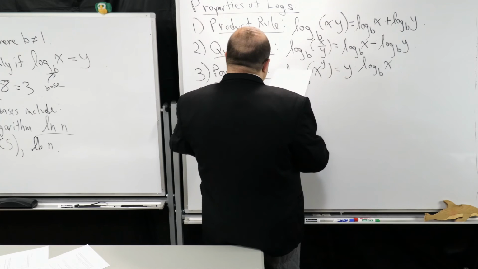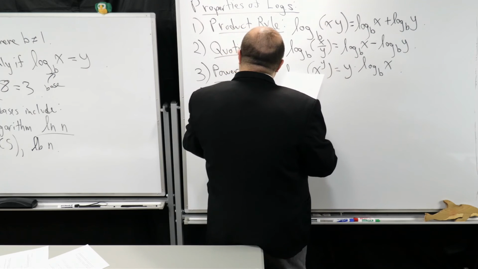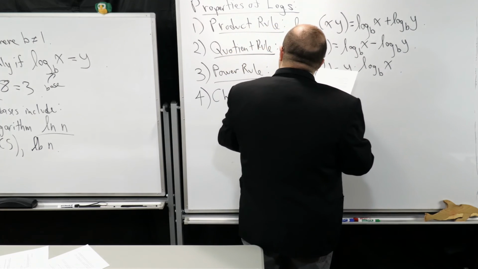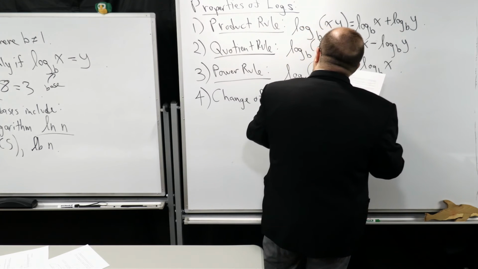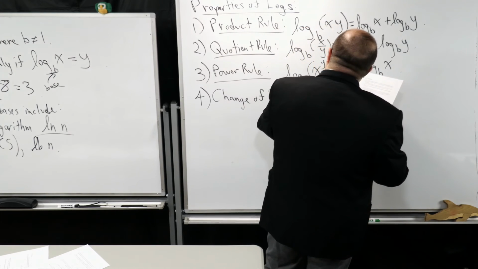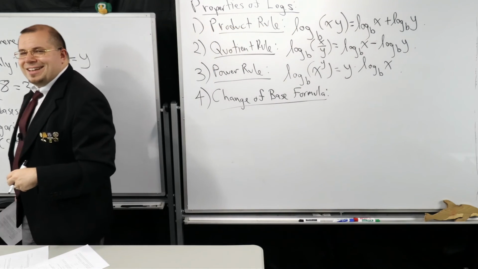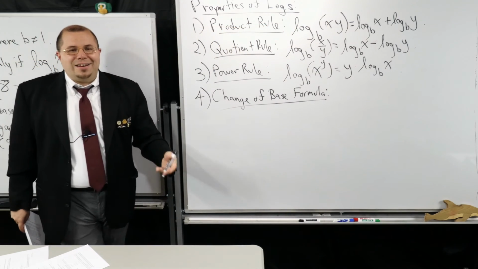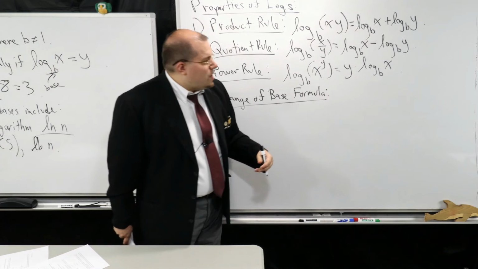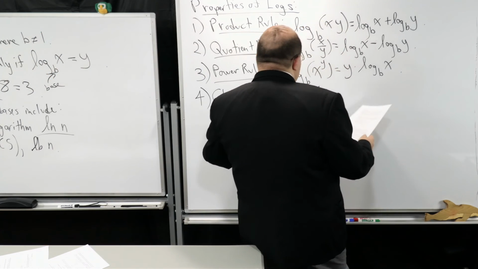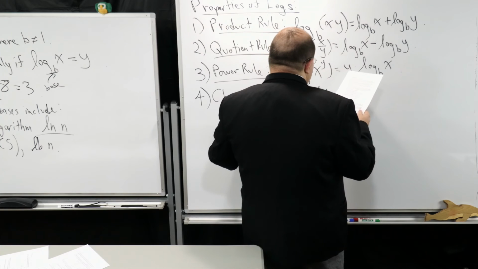Finally, one last one I need to point out is the change of base formula. So suppose you have a logarithm and you really don't like the base of your logarithm. You want it to look like something else. Like say if you have something that's in base 10 and you want to convert it to base 2. There is actually a nice relationship that logarithms have, so you could switch the base.